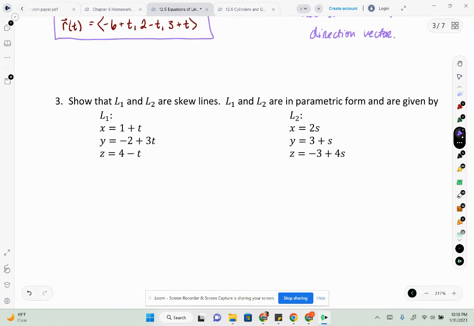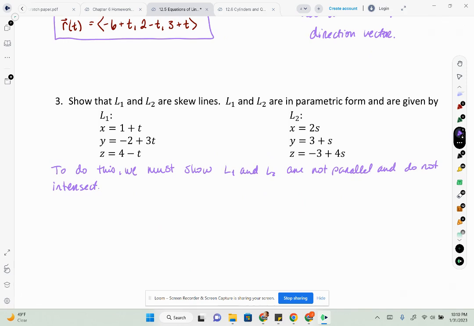In this next problem, we're supposed to show that two lines are skew, and the way to do that is we have to show that they are not parallel and that they do not intersect. Okay, so to do this, we must show L1 and L2 are not parallel and do not intersect.